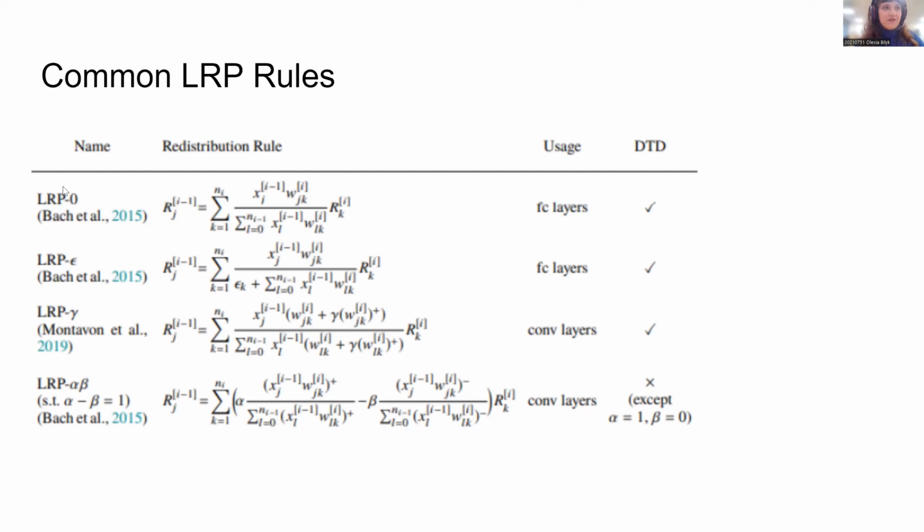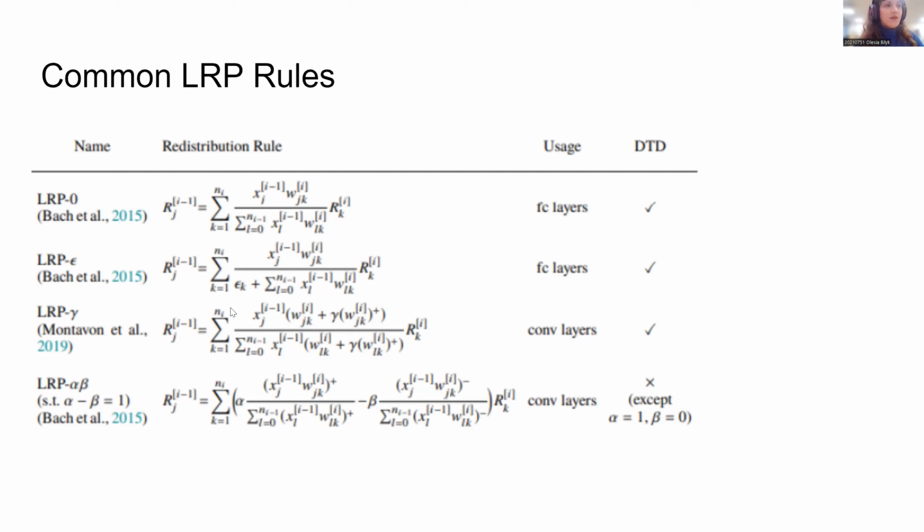The LRP0 rule, the simplest one, has a root point at its origin, which might be far from data and result in noisy explanation for deep networks. It should be used only for simple functions, for instance, the very top, usually fully connected layers of a neural network.